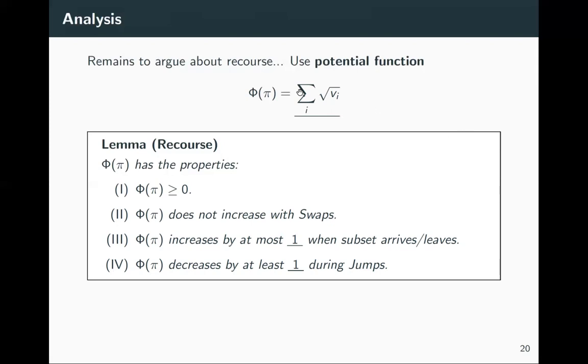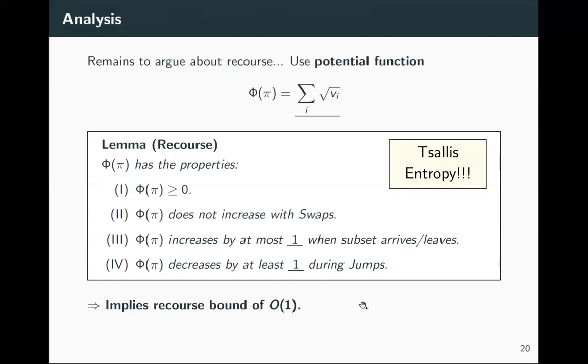Okay, and if we use this potential function, we will prove that the increase to the potential is at most 1 when a subset arrives or leaves, and the decrease to the potential is at least 1 during moves that cost recourse. And together, this will imply an average recourse bound of order 1. Divide this by this, and we get order 1.